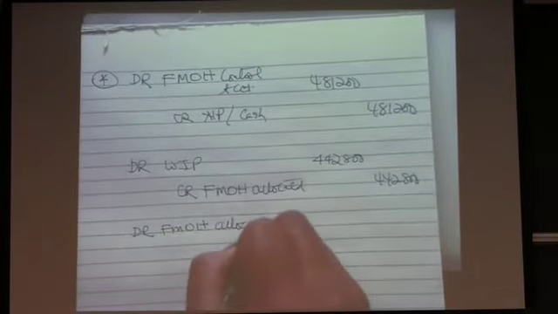Now I want to record a variance. We saw from the chart earlier that we have an unfavorable rate variance and an unfavorable product volume variance.